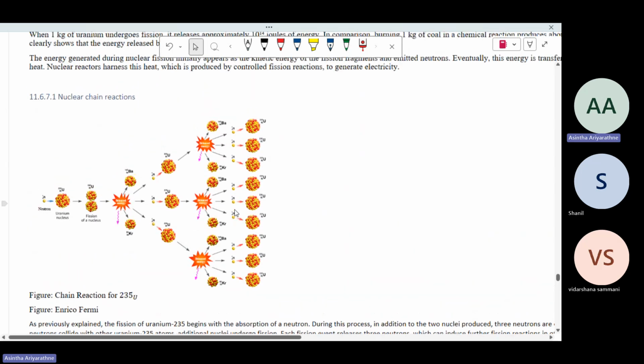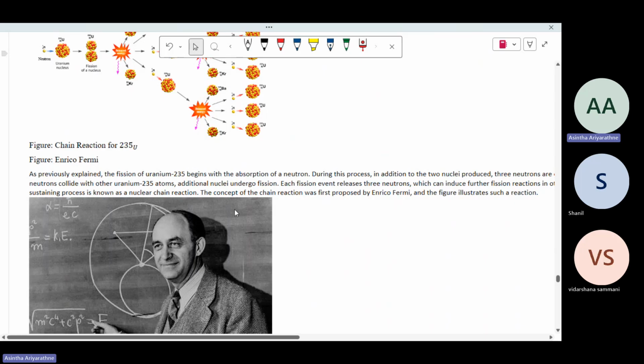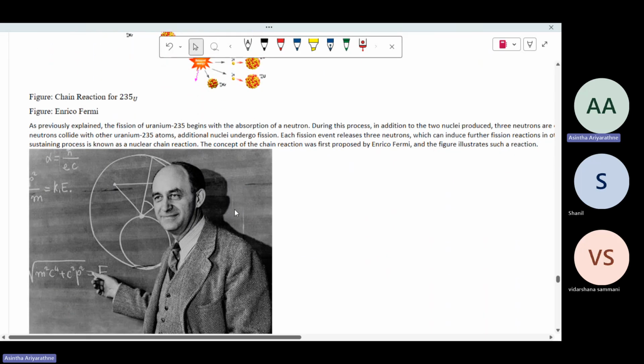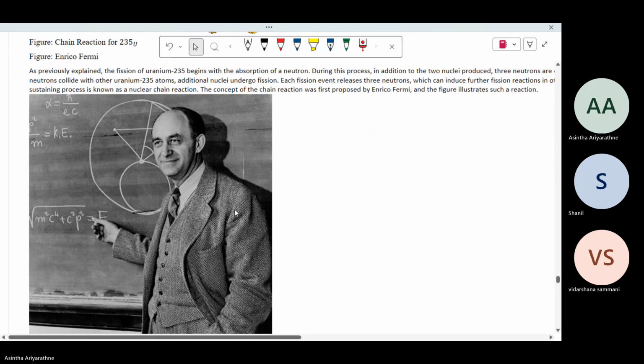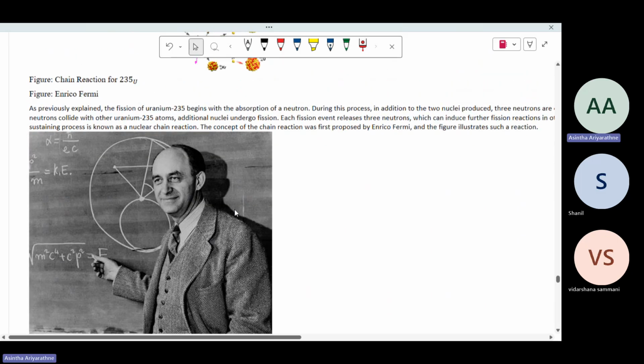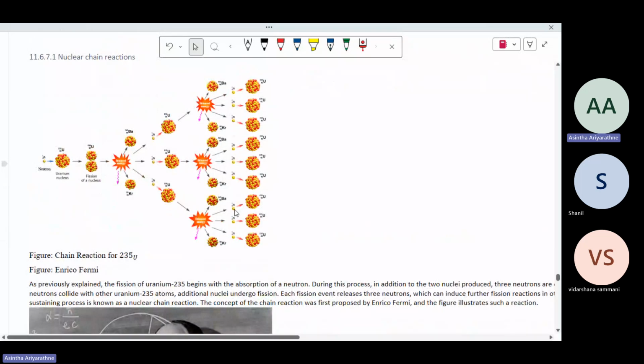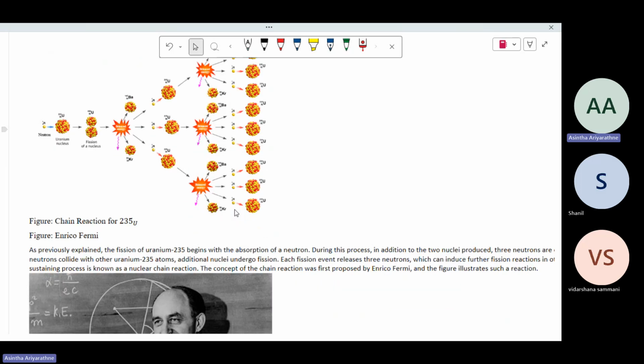The nuclear chain reaction process was first found by the scientist Enrico Fermi. It is very useful, and it has both advantages and disadvantages. We could use this nuclear chain reaction process for good things as well as for bad things.